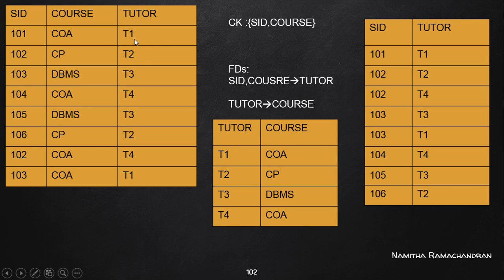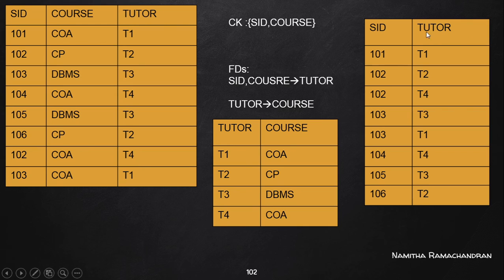Consider this example. T1 is handling COA as well as T4 is handling the same course COA. If you are given the course information COA, we can't uniquely identify whether it is handled by the tutor with ID T1 or T4.